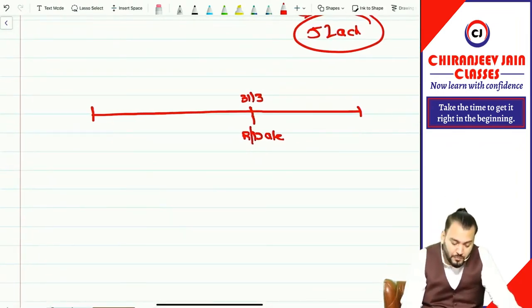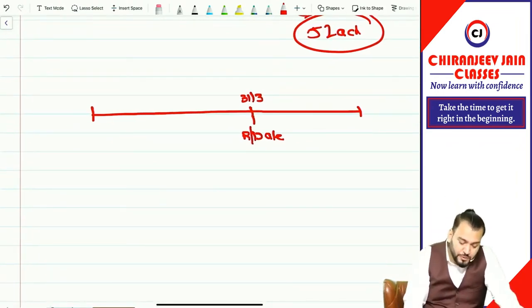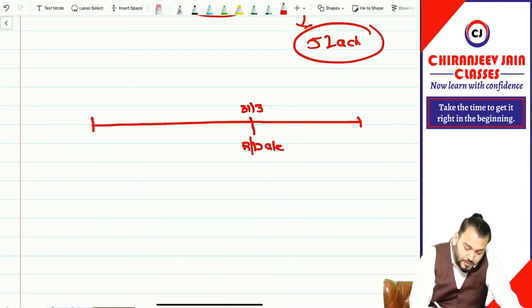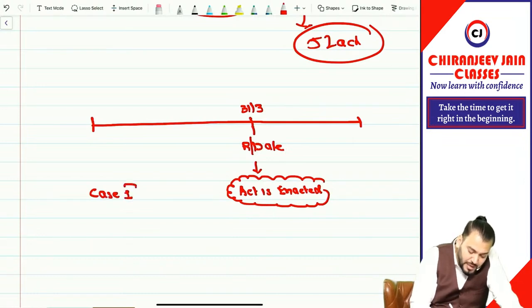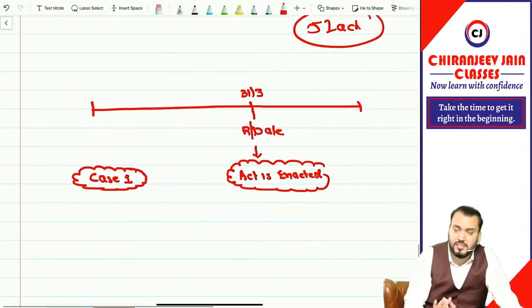And suppose the act is already enacted on the reporting date. Case 1: the act is already enacted on the balance date.